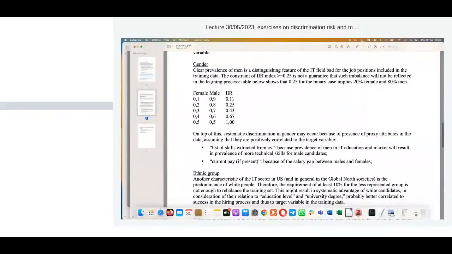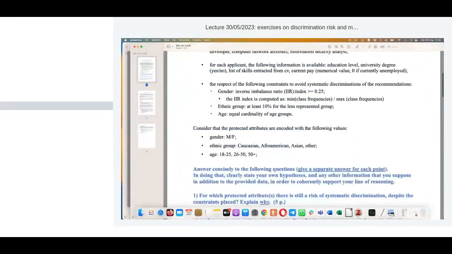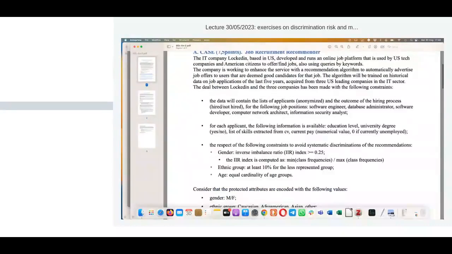First of all, it is written in the text that the sector is the IT sector in the US, and I gave explicit job positions that will be in the training set. We are speaking about the training set in this exam, because it is written that the algorithm will be trained on historical data on job applications of the last 5 years, acquired from US leading companies in the IT sector.